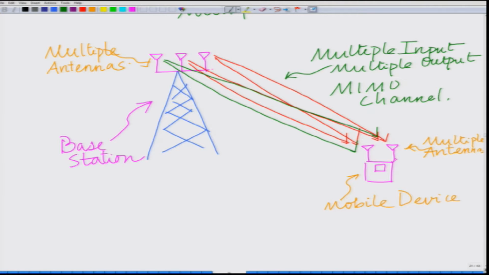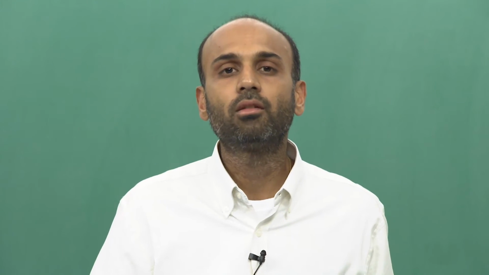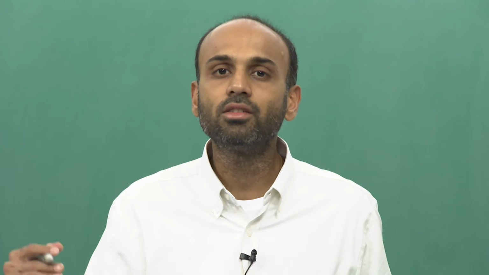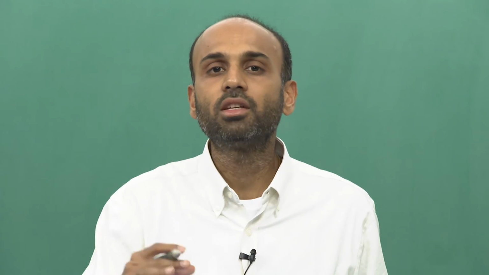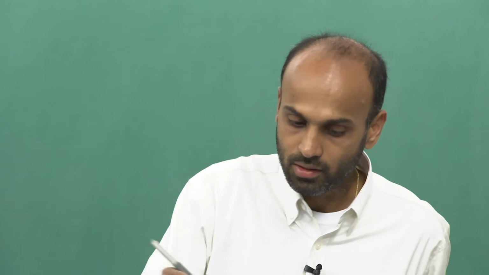MIMO stands for multiple input multiple output, where multiple inputs mean you have multiple transmit antennas, and multiple outputs mean you have multiple receive antennas. We have illustrated this for the downlink wireless communication scenario, where you have a base station with multiple transmit antennas and the mobile device which has multiple receive antennas.